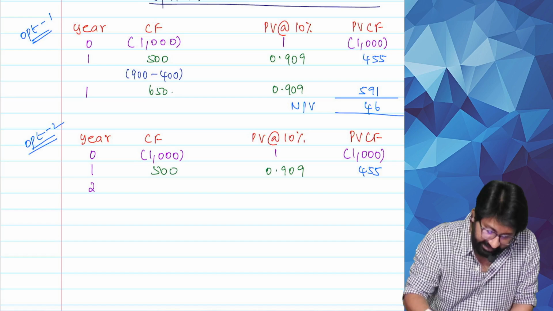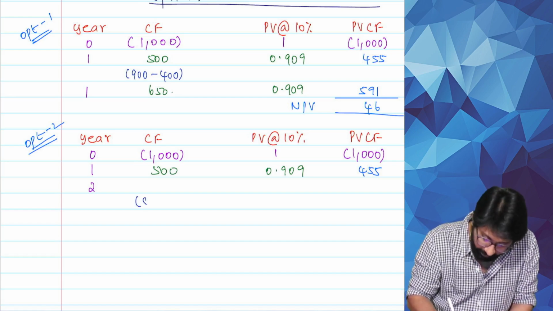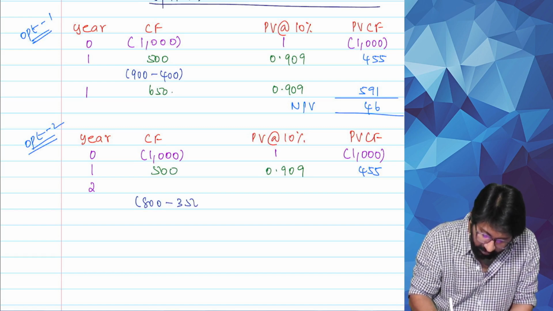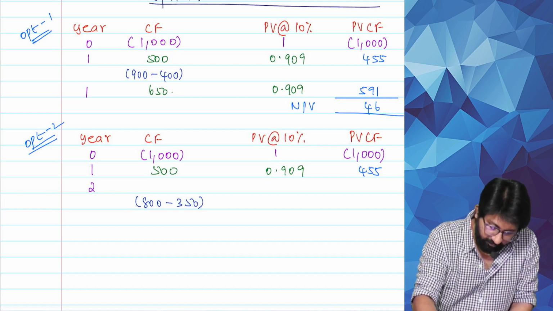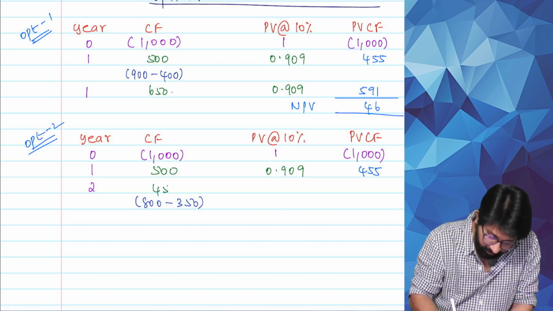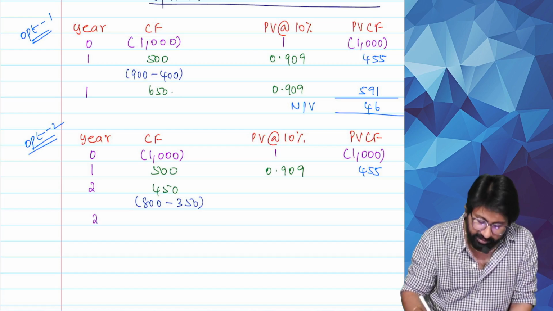Be careful with the second year. Tell me, second year, what is the revenue? 800 is the revenue. 350 is the cost. So technically, what is the answer? 450. Again, in the second year we are also getting some scrap.